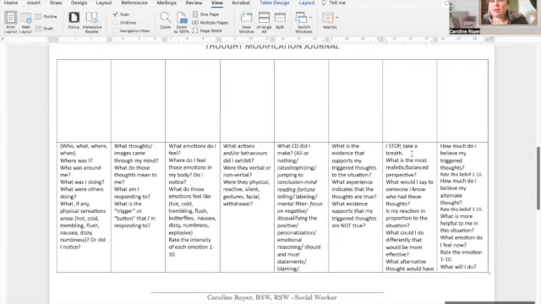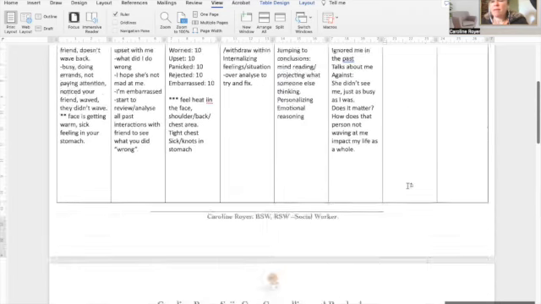What would I tell a family member? Is my reaction in proportion to the situation? So is my reaction, or my feelings and my thoughts, in proportion to this individual not waving at me? What would I do differently that would be more effective? And what alternative thought would I have?